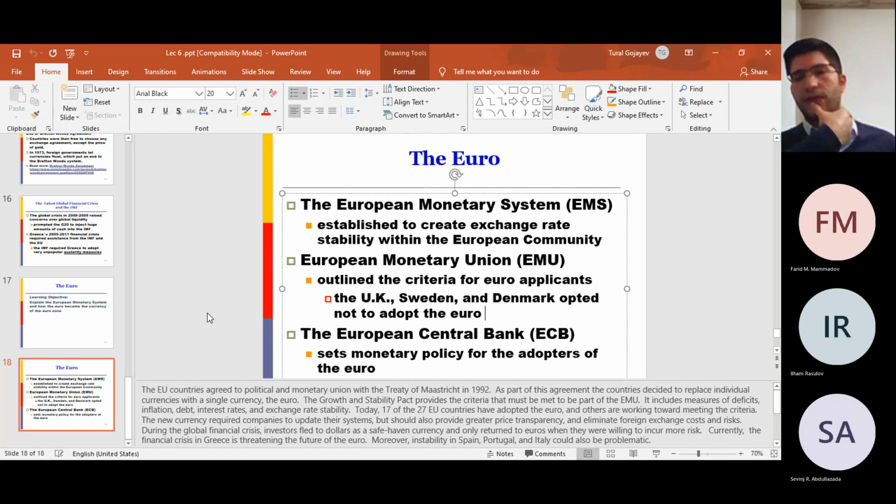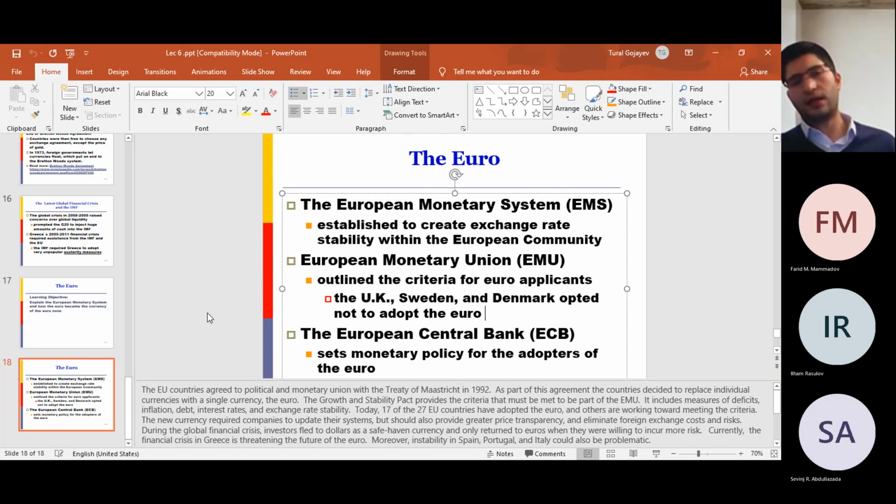Related to the European Central Bank, we have also talked briefly about it. It sets monetary policy for the adopters of the euro. The adopters of the euro are the member countries of the Economic and Monetary Union. If you remember, we talked about some advantages and disadvantages of having this central authority called the European Central Bank.